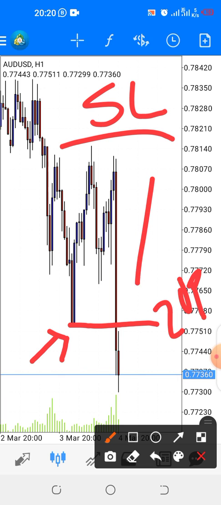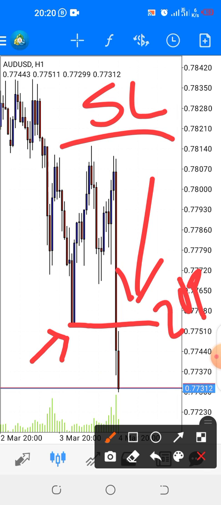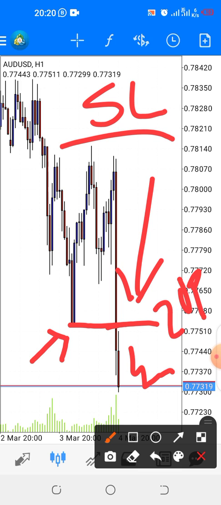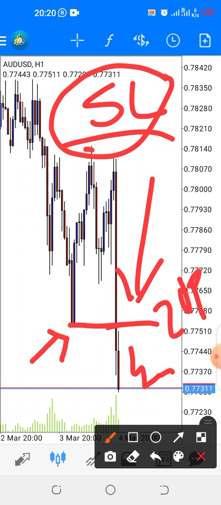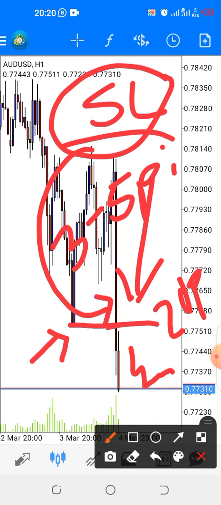When a trade goes into profit about 20 pips, as the market is still trading, or it just reached 20 pips, you shift your stop loss. You're going to set it about 3 to 5 pips below the 20 pip mark.